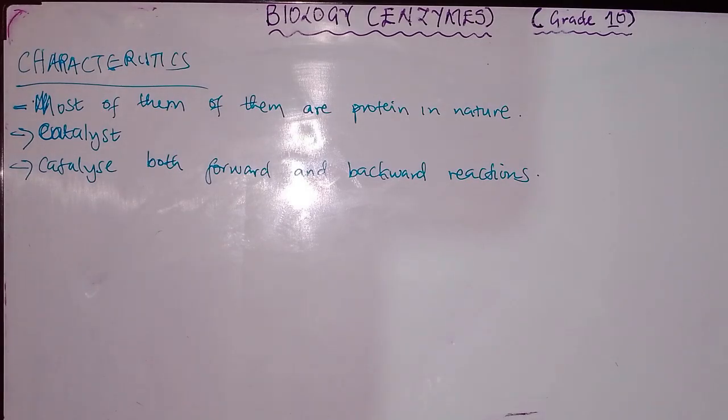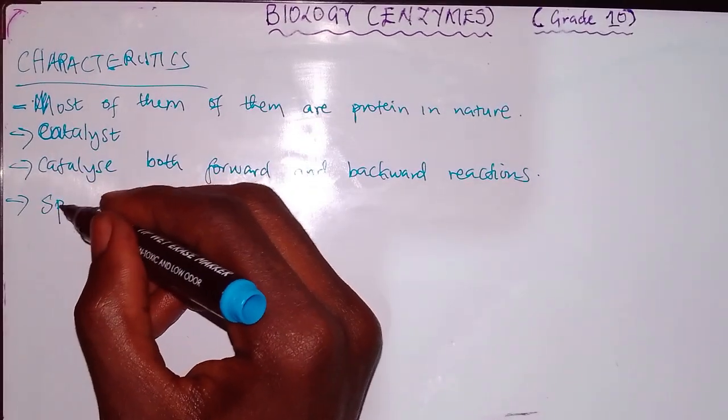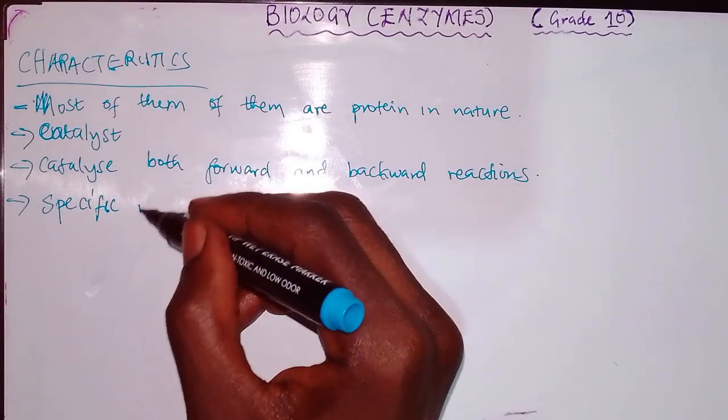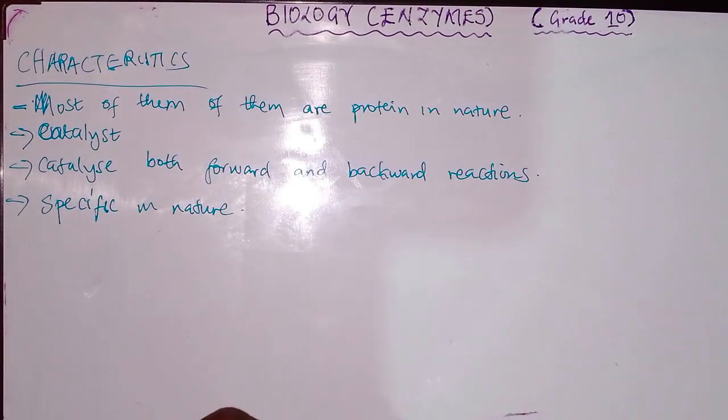Now we are going to look at the fourth characteristic of enzymes, which is that enzymes are specific in nature. So what do you mean when you say enzymes are specific in nature? Remember what I said when we talked about the lock and key mechanism.